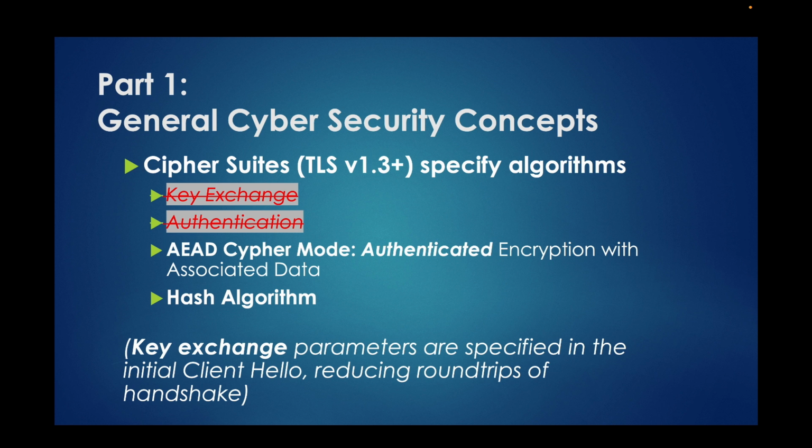All the server needs from the client are the key exchange parameters, which the client may now send on the initial client hello instead of having to wait until the second round trip. Authentication, instead of being a separate field, is in 1.3 combined with encryption in what is known as an Authenticated Encryption with Associated Data, or AEAD record.